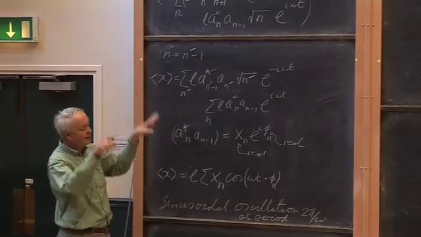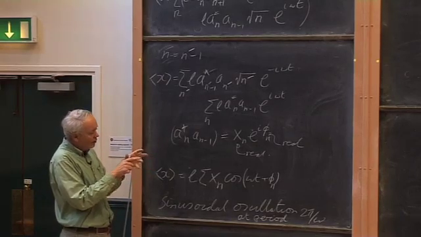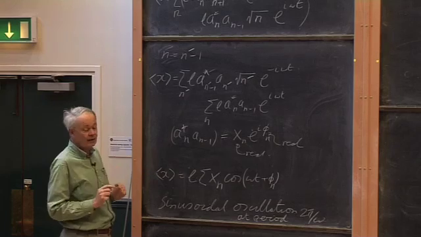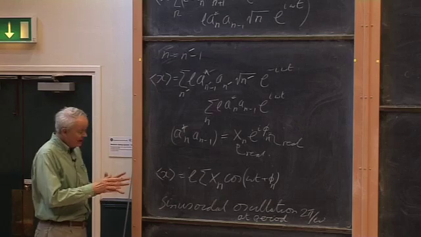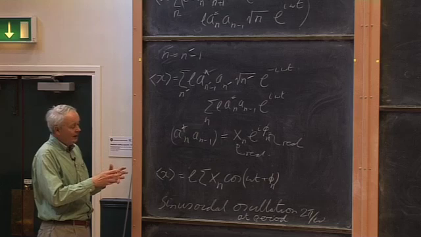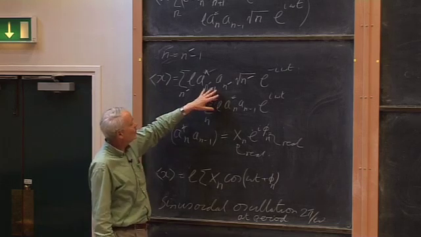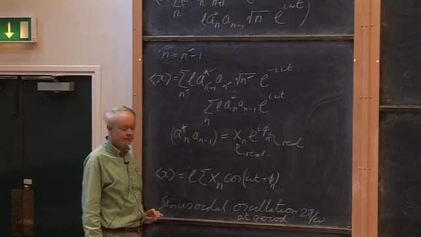So a highly excited oscillator has the non-zero values of A_n all clustered around a large value of n, and a only gently excited oscillator has the A_n around zero, or small values of n being fairly large, and therefore this sum will be dominated by whatever region has the large values of A.